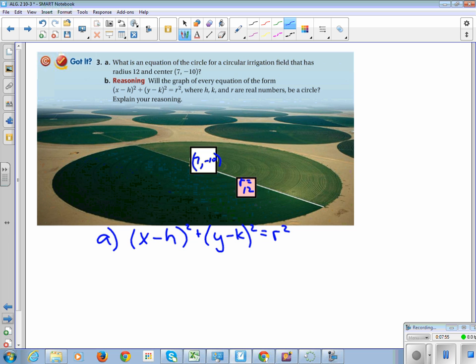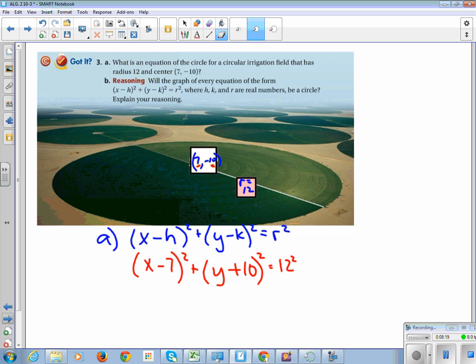Now let's just fill in the blanks. h is 7. k is negative 10, so you go y minus negative 10, which is plus 10. That is equal to 12 squared, but we know that 12 squared is equal to 144.